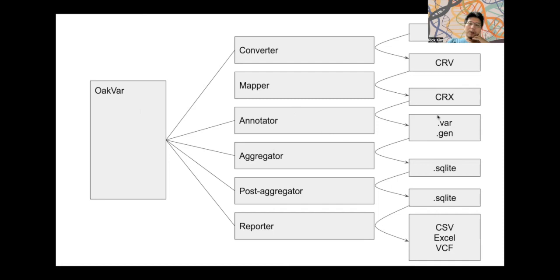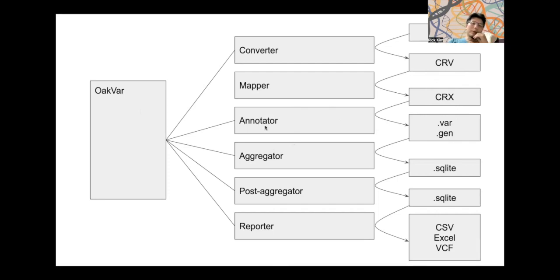OakVar will feed the CRX to the annotator. You can configure so that CRV is fed to the annotator. But either way, annotator will receive CRV or CRX, and it will generate .var for variant level annotator and .gen for gene level annotator. So it's a file.